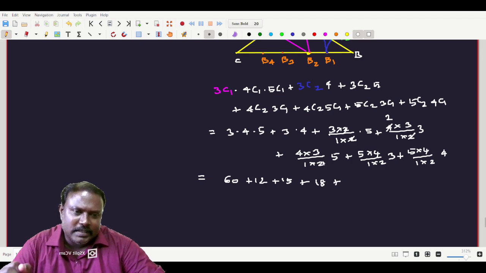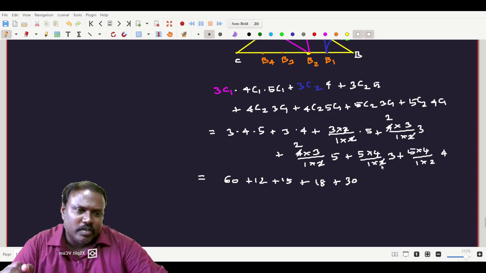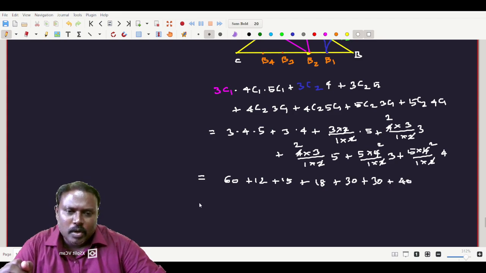Plus this 2 and this 4 will get cancelled, 6 into 5, 30. Then 10 into 3, this is also 30. And then 10 into 4, this is 40.